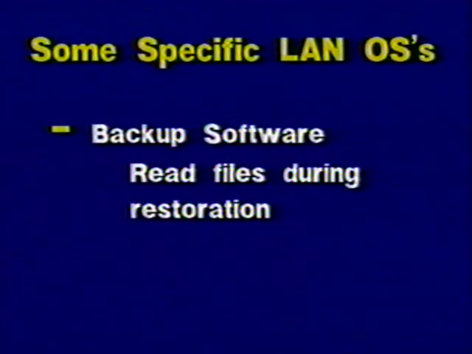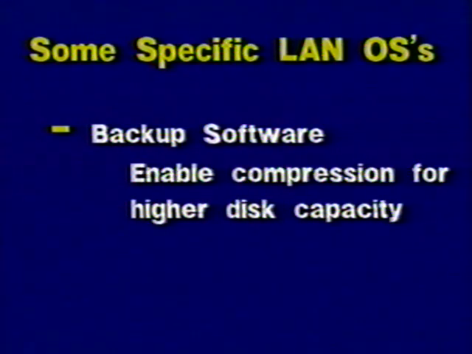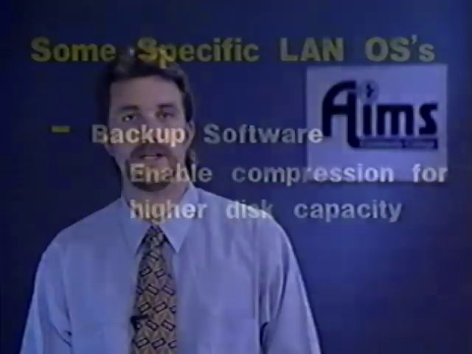One key component or characteristic of backup software is called compression, and it's another responsibility to enable compression in order to obtain higher disk capacity. When your data is compressed, you can fit more of that data onto the disk drive.